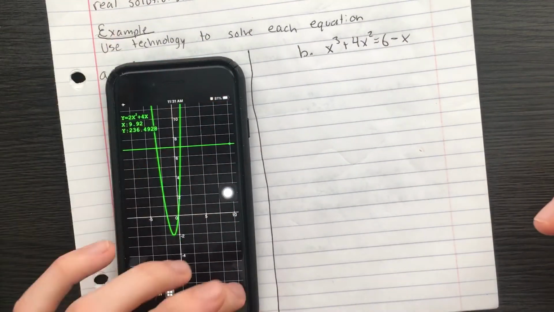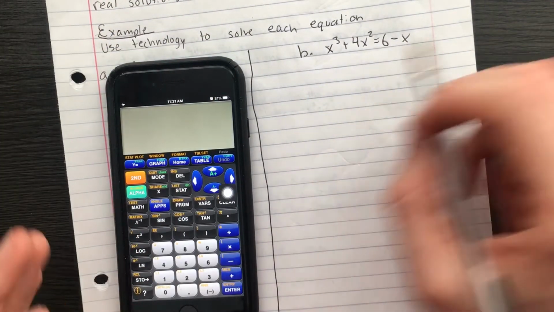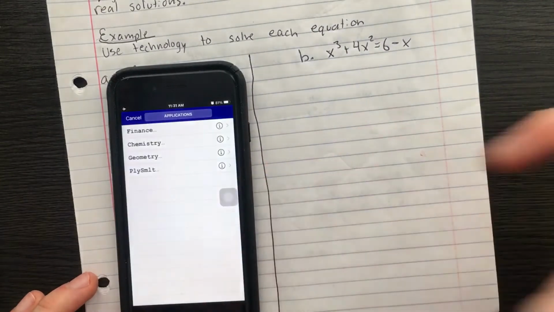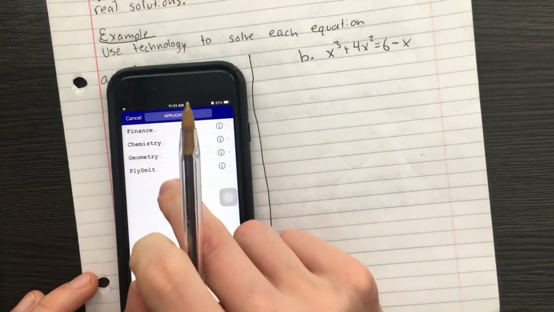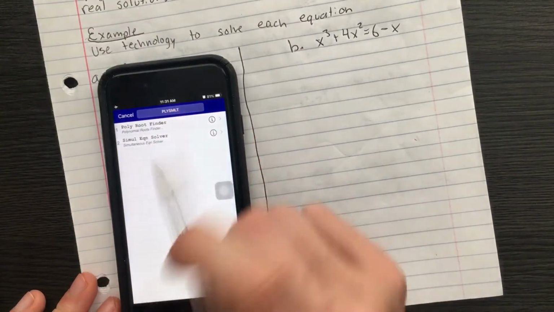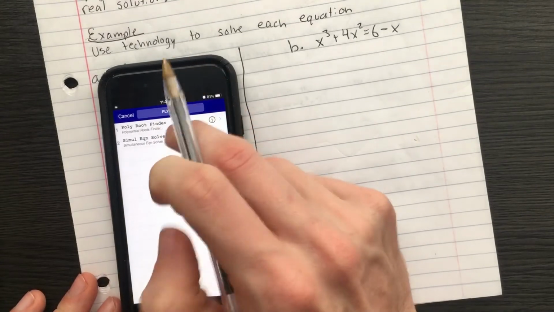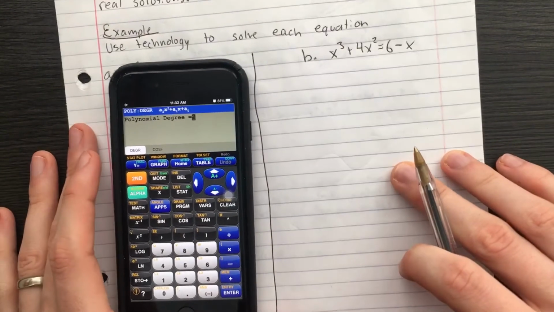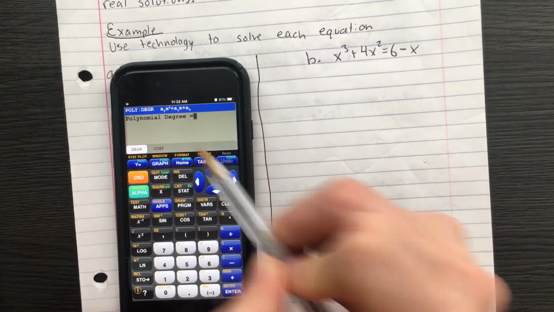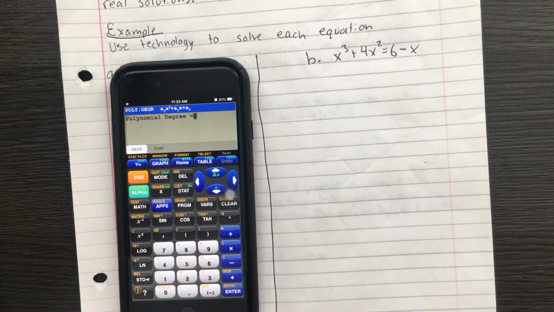The other way, we haven't explicitly talked about this, is that if we go to apps here and go to Polynomial Root Finder, what this will do is it will set up a polynomial based on the degree, and the calculator will actually go and solve that for you.